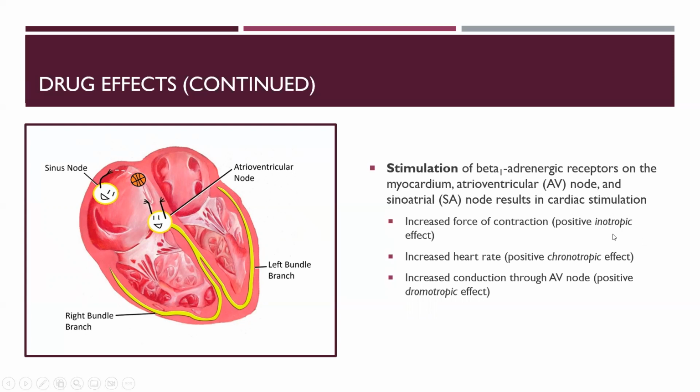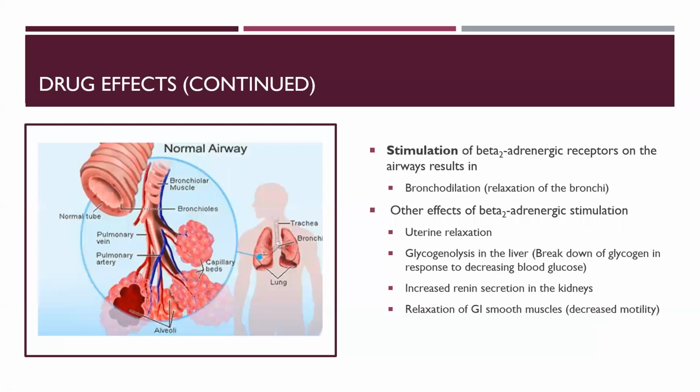So whenever you see inotropic, that's what that means. Chronotropic means change in heart rate. So that's why on here it's got a positive chronotropic effect. And then dromotropic just means conductivity of the nerve fiber. So that's why you're going to have more of that conduction through the AV node.